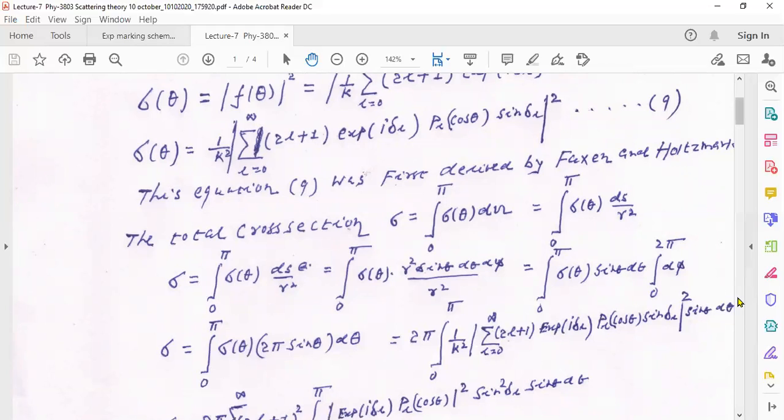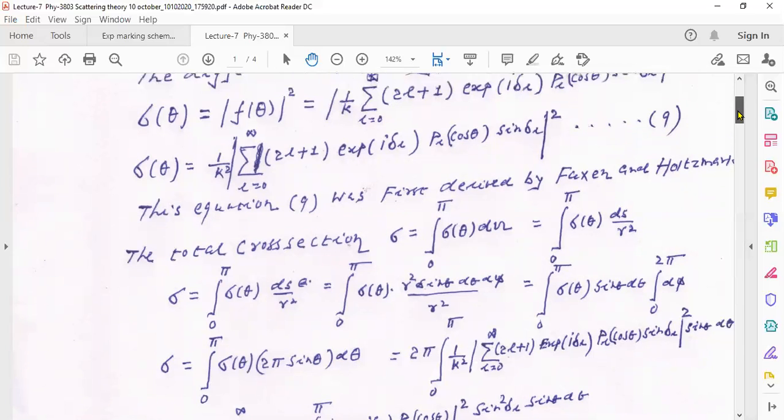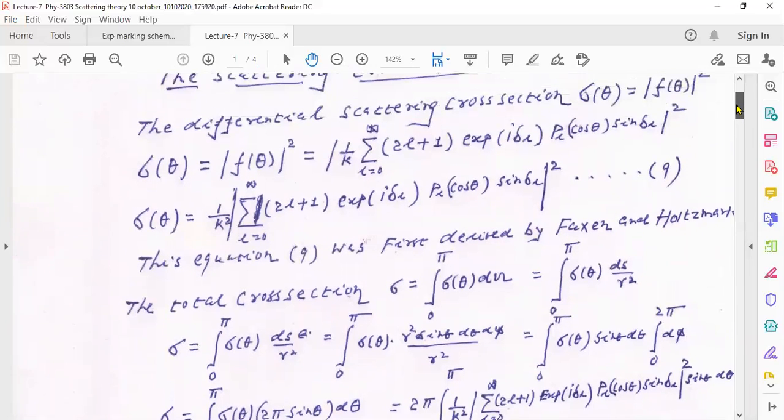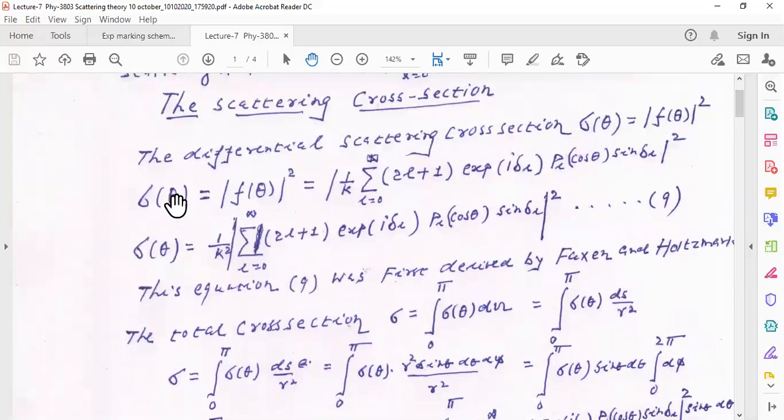Look at the sigma theta formula which we have developed here. You have to substitute this formula here, because we know f theta and we have calculated mod of f theta square. So we have calculated sigma of theta, the differential scattering cross section.